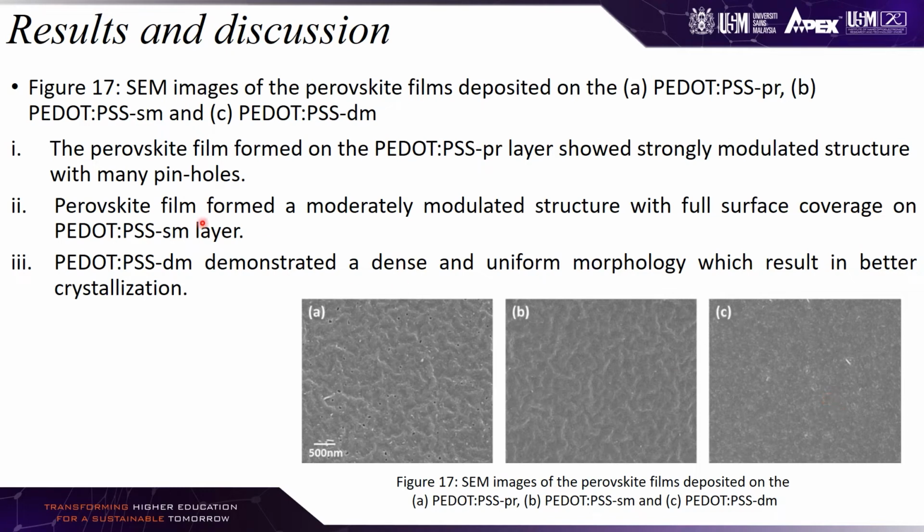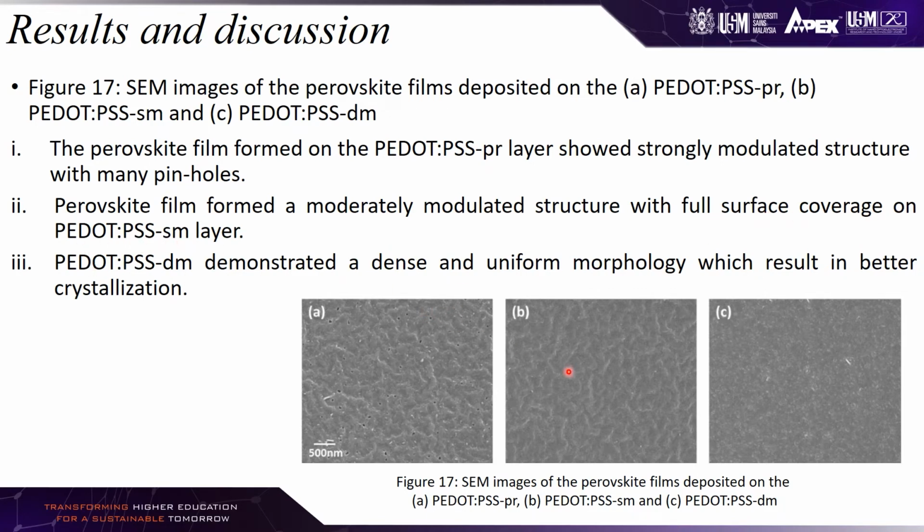The perovskite film formed on the PEDOT:PSS-PR layer shows a strongly modulated structure with many pinholes. As we can see here, these are the black dots, with many pinholes existing in this image. The perovskite film forms a moderately modulated structure with full surface coverage on the PEDOT:PSS-SM layer.